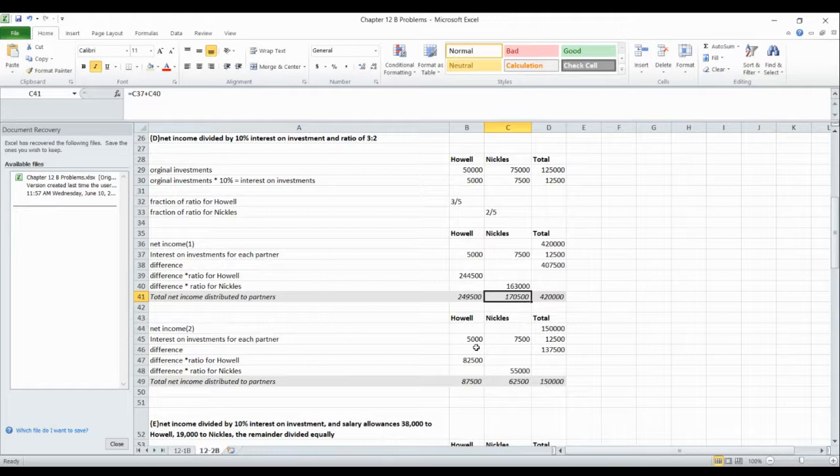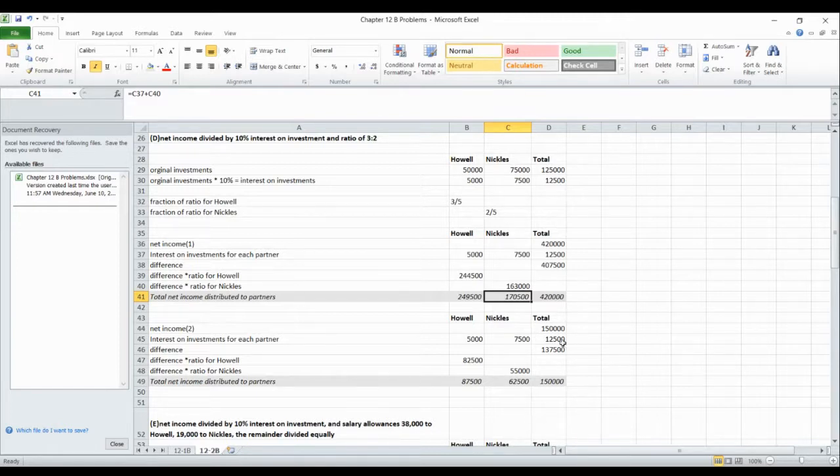It is 10% of the original investment of 50,000 for Hal, and 10% of the original investment of Nichols of 75,000 will give you 7,500 for Nichols. The total interest on the investments was 12,500.